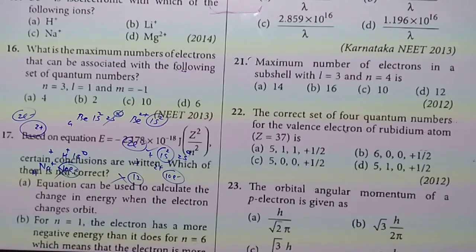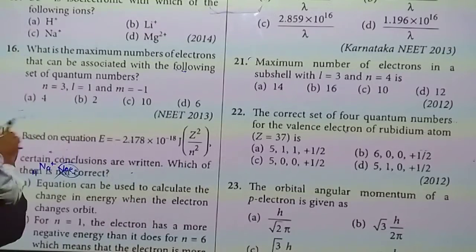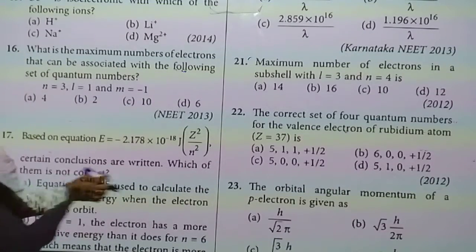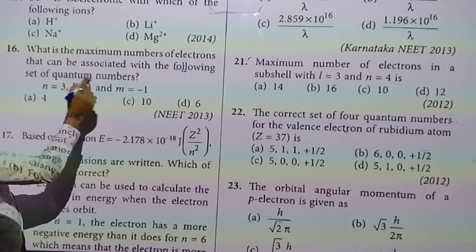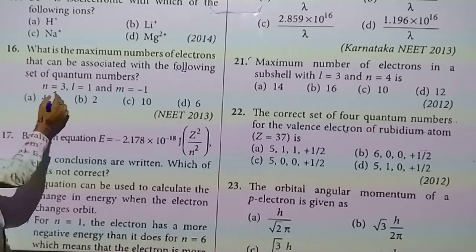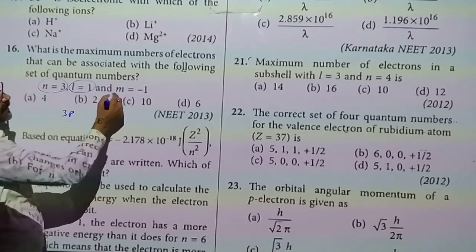What is the maximum number of electrons, in NEET 2013, that can be associated with the following set of quantum numbers? Maximum number of electrons, yes, n equal to 3, l equal to 1, so 3p, and m is given.